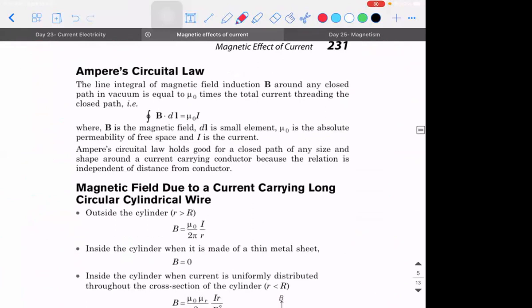Right? Similarly, you know what is Ampere's circuital law. So Ampere's circuital law states the line integral of B dot dl is equal to mu naught times the current enclosed by the Amperian loop.